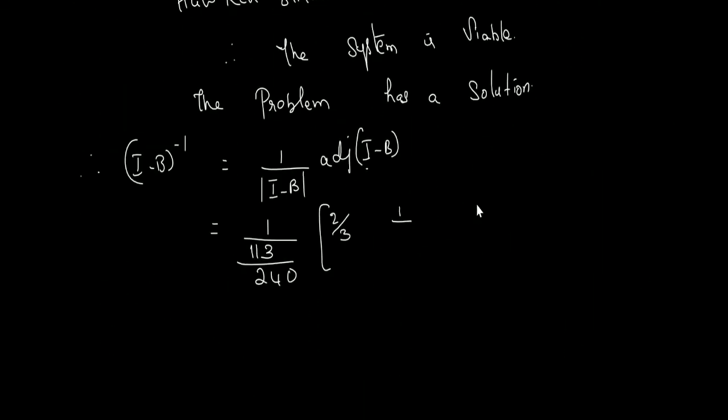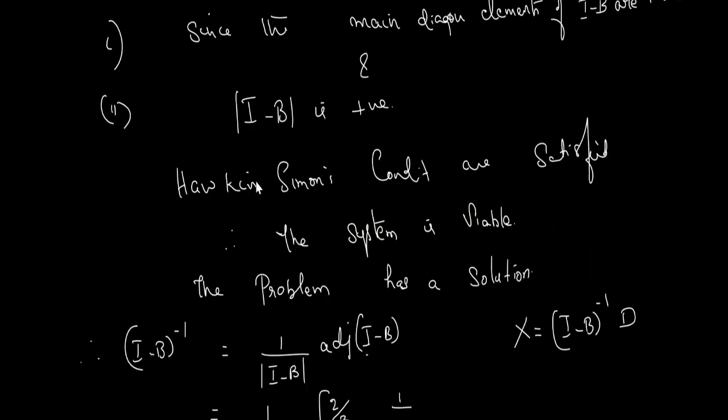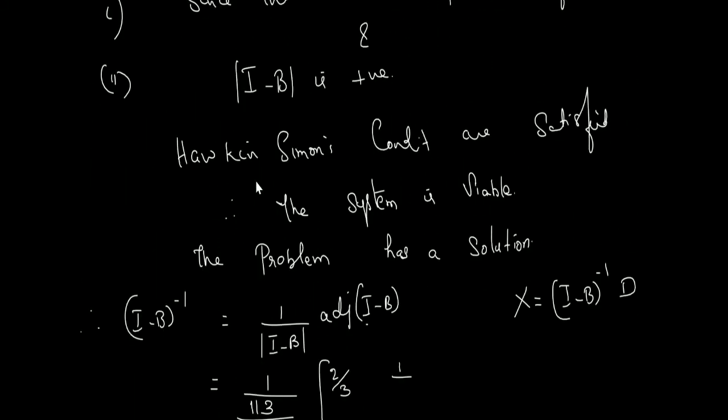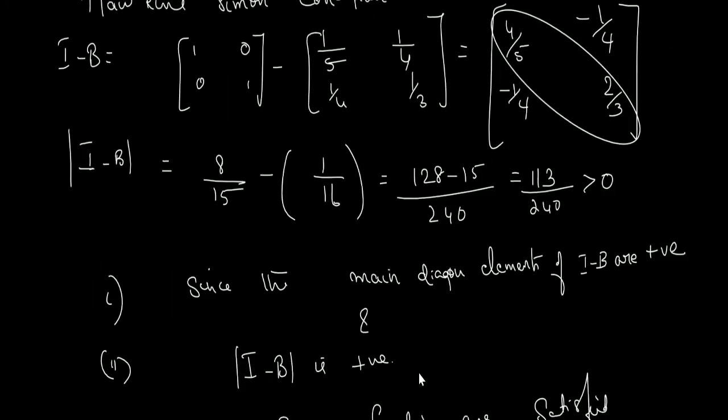So to find the output X, we need I minus B inverse into the demand. So I minus B inverse is 1 by determinant of I minus B into adjoint of I minus B. So 1 by 113 by 240 into 2 by 3, 1 by 4, 1 by 4 and 4 by 5. Adjoint of I minus B, how will you find?